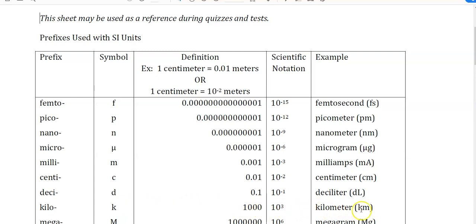Here it's giving me kilometers, but this also works for grams or liters or whatever I would like from the metric system. So then I need to put the 1 always with the kilo, whatever that is, equals 1,000, in this case, grams.